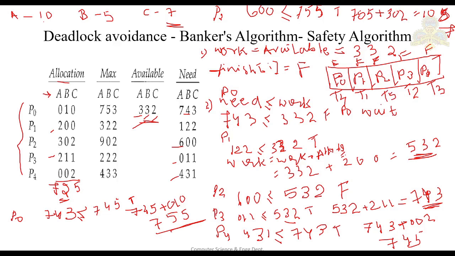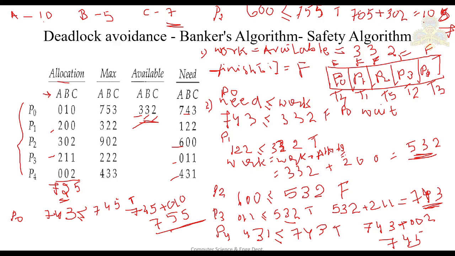That means all the processes which are there in your system have been terminated successfully. Those have completed their execution. So that means your finish of i now becomes true. Whenever this finish of i becomes true, that means all the processes in the system are executed.